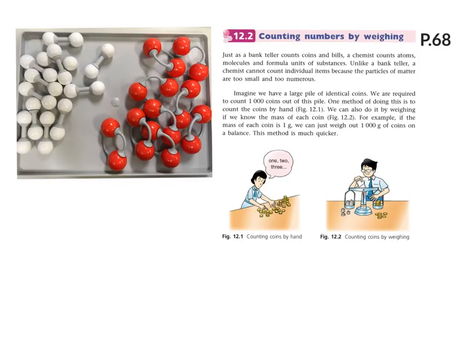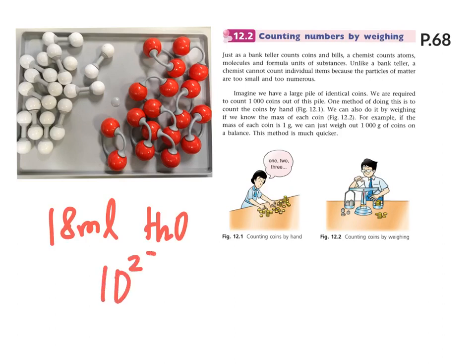However, it is very difficult for us to count the molecules one by one. For example, O2 molecules, when we count 1, 2, 3, 4, 5, 6, and then hydrogen 1, 2, 3, 4, 5, 6, it is a very difficult task. Just because for 1 mole of H2O, we already have around 10 to the power 23 molecules there.